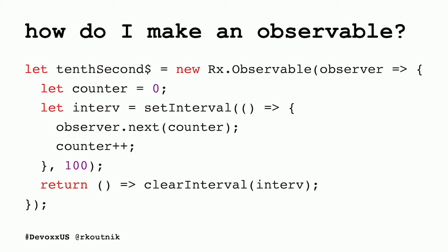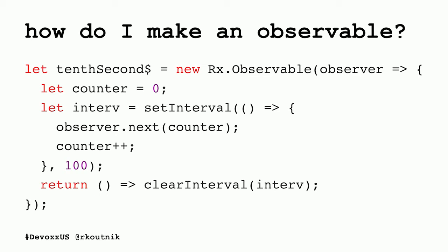And this is where observables start becoming powerful. Because we have an interval, and it's going to continue ticking along until we tell it to stop. And this observable will not do anything until someone subscribes. And when someone subscribes, it will run all of this logic, create the interval, and start sending values.